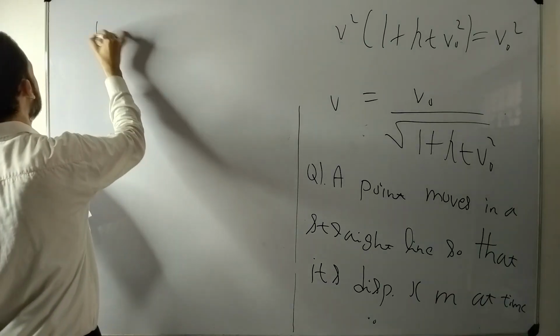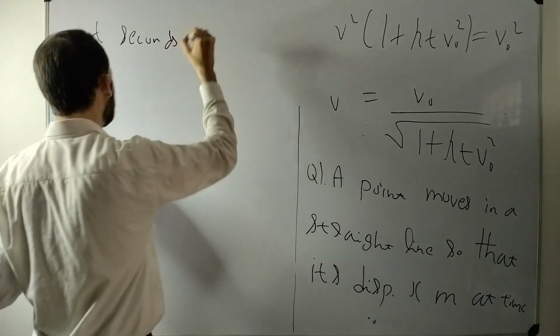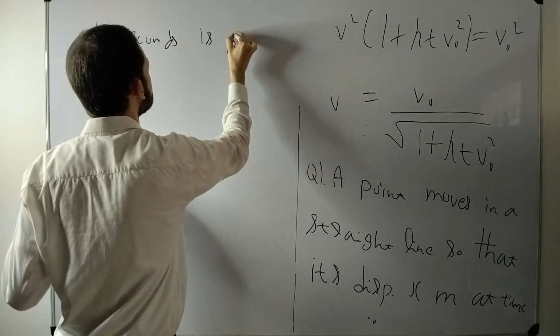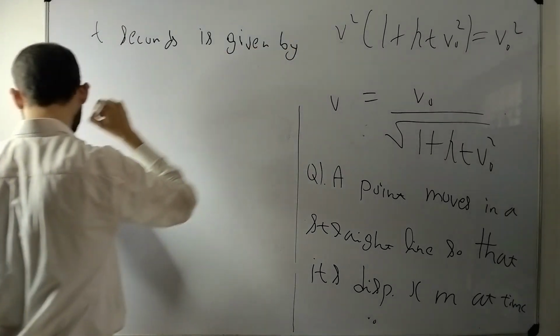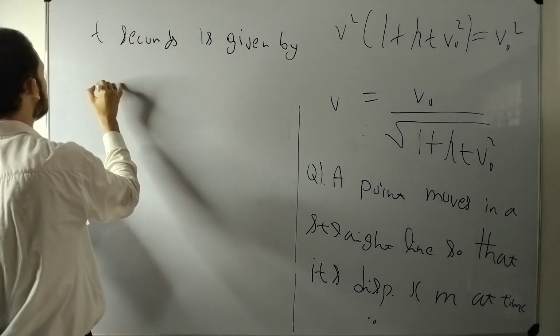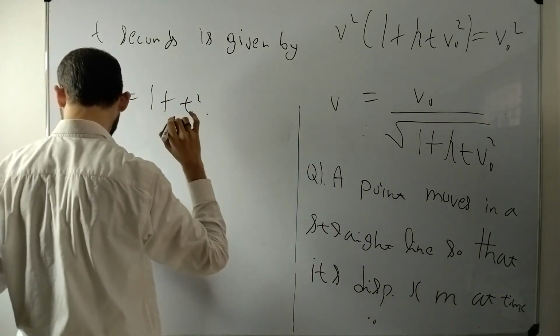At time t seconds is given by x square equals 1 plus t square.